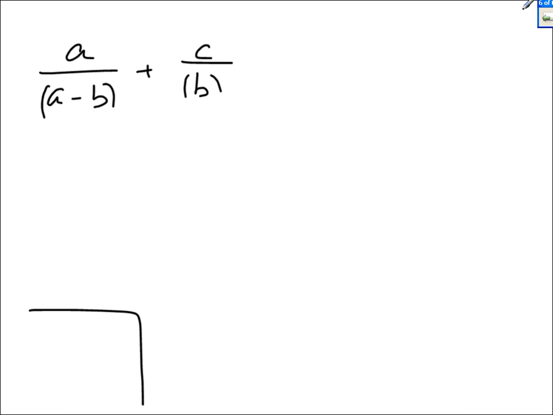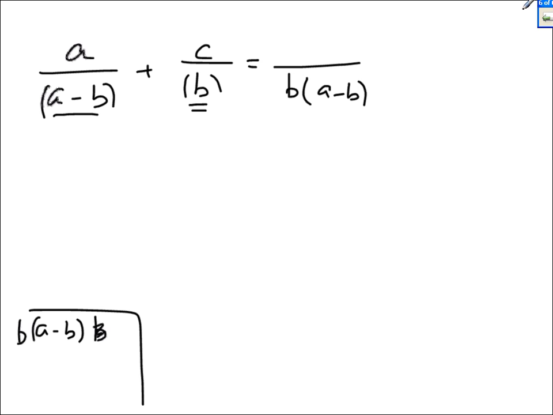So, what if you have a over a minus b plus c over b? Common factors. A minus b, in b. Generally, you wouldn't put b on the end, you would put it at the beginning, but that doesn't matter. The final denominator will have b times a minus b.